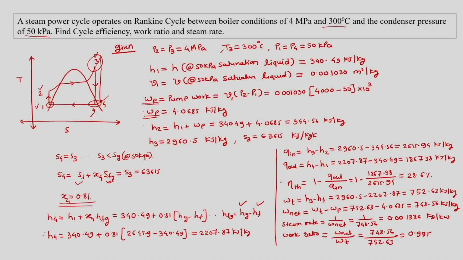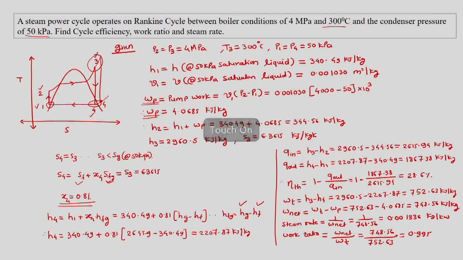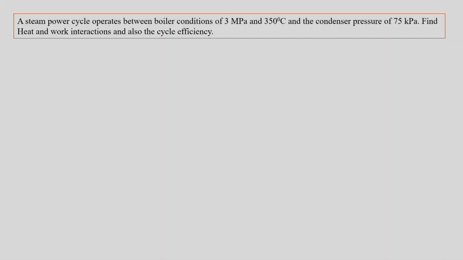Then we can interpolate and find the condition at our desired 300 degrees Celsius. So we need to practice that if some data is unavailable from the given data, we should extrapolate or interpolate to get the conditions required.